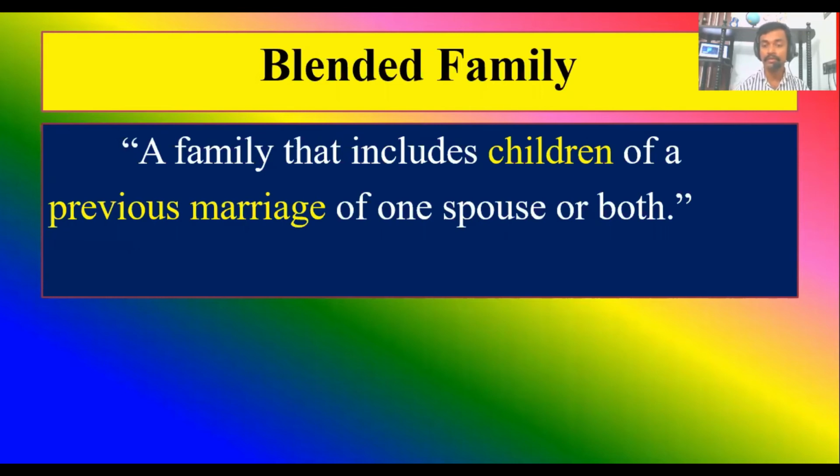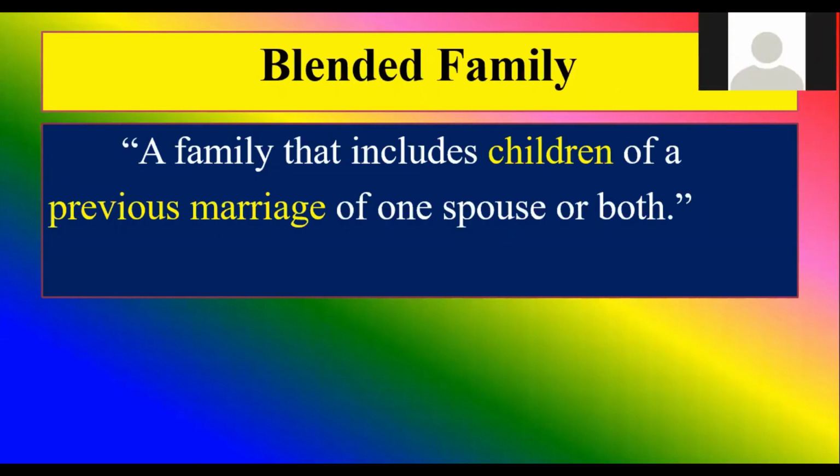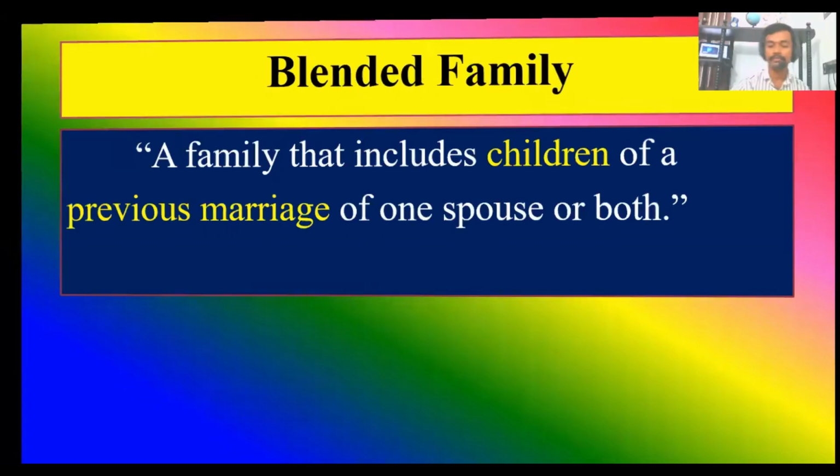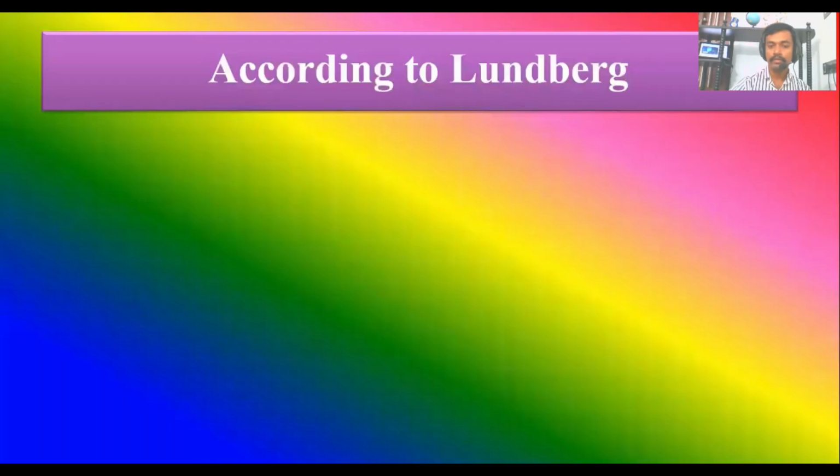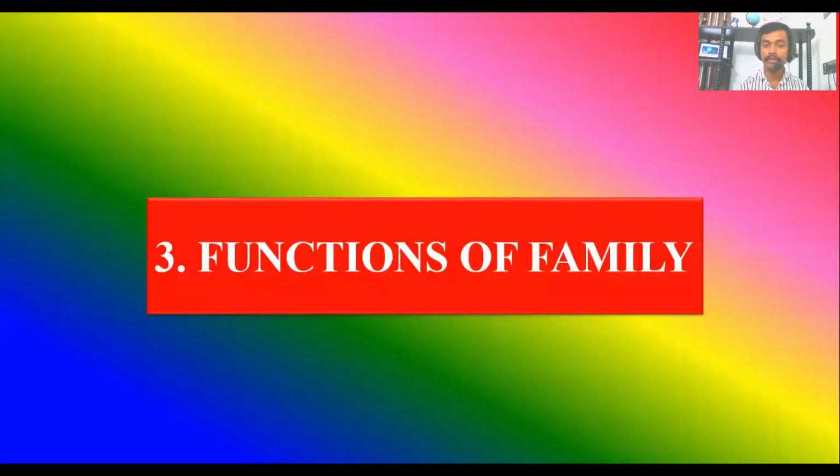At the time of remarriage, the husband may have a child from a previous wife, or the wife may have a child from a previous marriage. So that type of family is called a blended family: a family with a child from a previous marriage. Then joint family and nuclear family will be detailed in the coming sections.